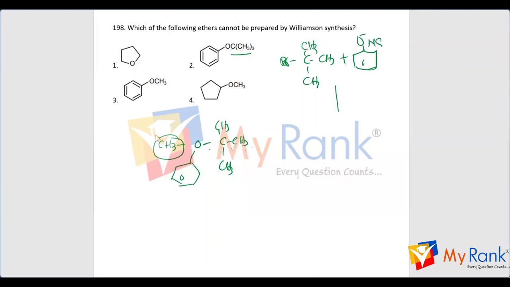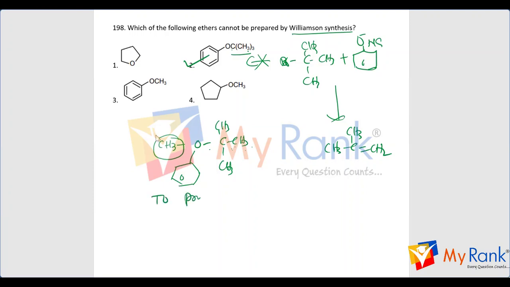Instead of this product, what do you get here? CH3, double bond CH2, we get. Therefore, this phenyl tertiary ether cannot be prepared by Williamson synthesis. Whenever you want to prepare a tertiary ether, a tertiary alkoxide must be taken, but not a tertiary alkyl halide.